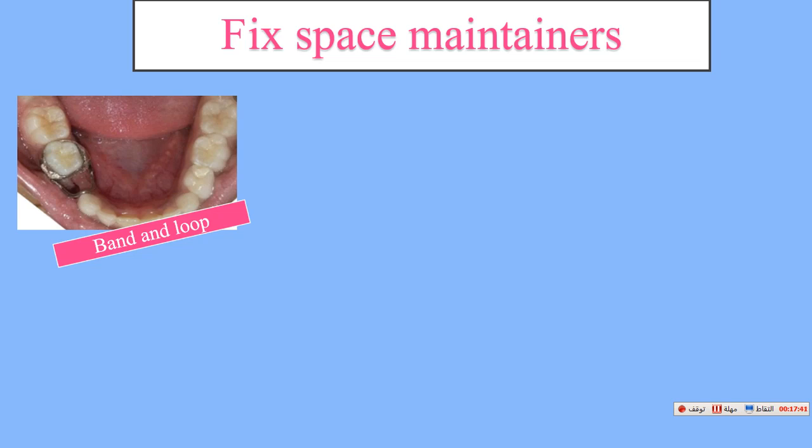Crown and loop: we use here, instead of band, a crown, stainless steel crown, for those patients with heavy cavity, large restoration, who already need this large restoration or large caries tooth, already need stainless steel crown. So we can put, instead of the band, crown and loop.